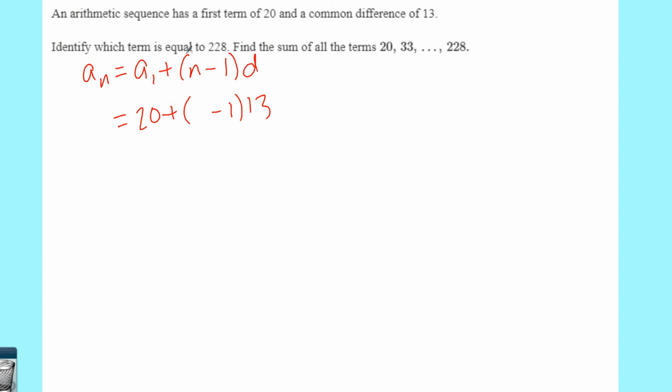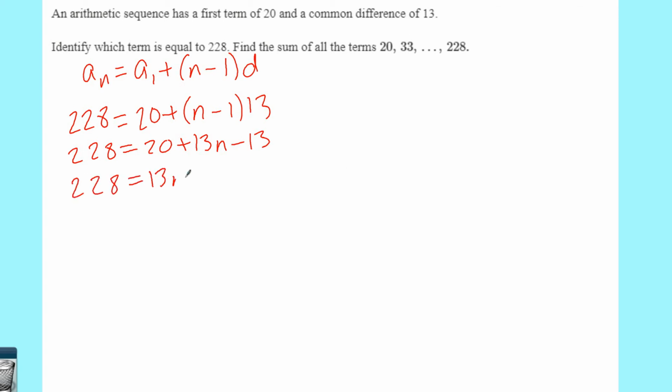We want to know which term it is, so we don't know where it is in location, but we know the actual term is 228. So a sub n is 228. Then we just solve. 228 equals 20 plus 13n minus 13. So 228 equals 13n plus 7. Subtract the 7.